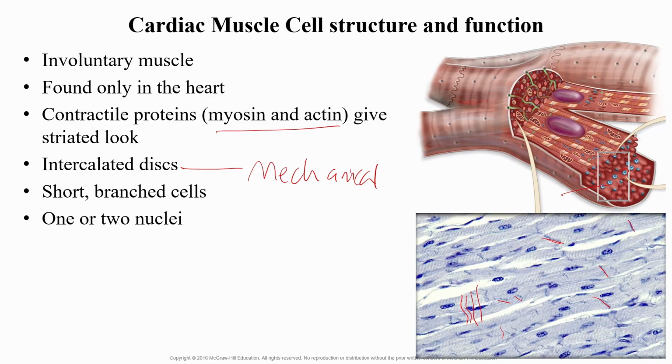So this is one interconnected disc right here, where the two fibers are basically sewn together, stitched together. That's a mechanical function. Otherwise, your heart muscle fibers could pretty much shear and break apart, which would not be good.